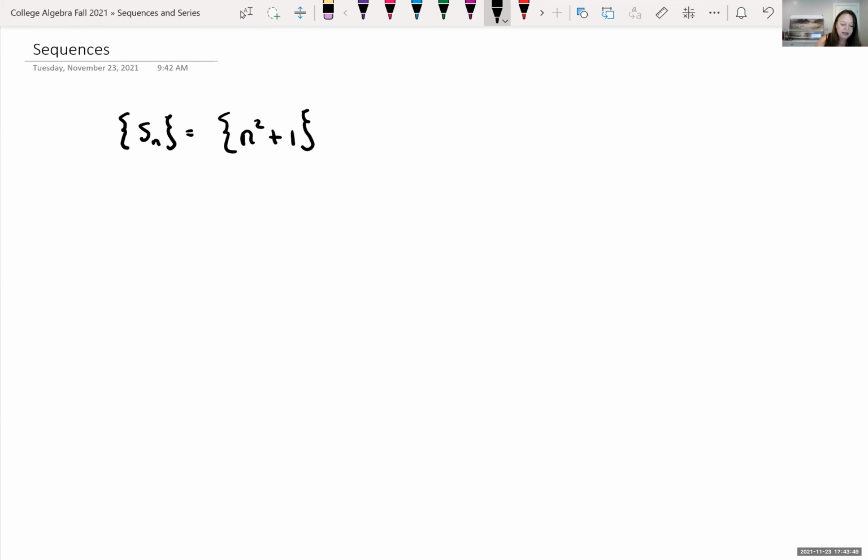This is just like a function. S of n is just like a function, but the values we plug in for n are our whole numbers.